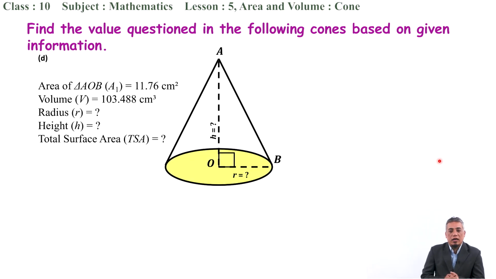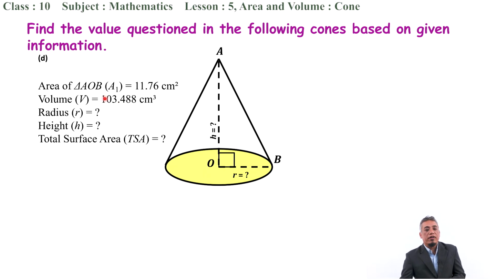Okay. Another problem here. R is not given, R is to be found, height is also to be found, but the area of triangle AOB is given here. This is a bit different, yeah? So this triangle's area is given. So how to relate that with R and H?